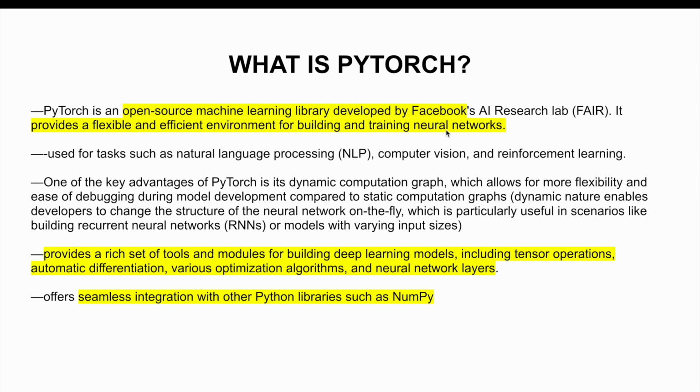And PyTorch is normally used for tasks like natural language processing. And natural language processing is essentially like teaching computers to understand and work with human language, just the way we as humans do.